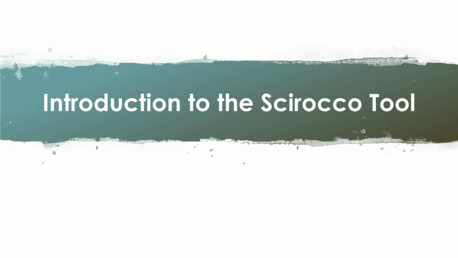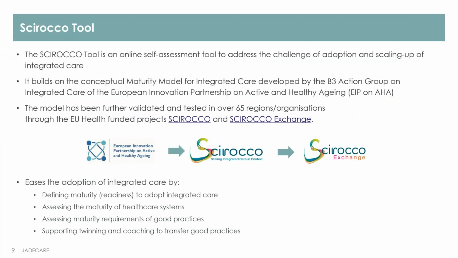Okay, I will go now into the tool that will be used for assessing the maturity requirements of the OTPs, the Scirocco tool. This is an online self-assessment tool to address the challenge of adoption and scaling up of integrated care that builds on the conceptual maturity model developed by the B3 action groups of the EIP on AHA.